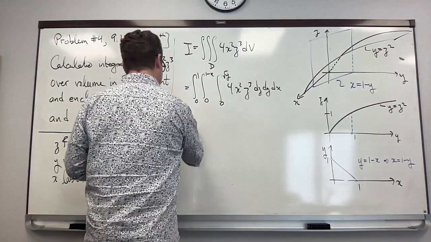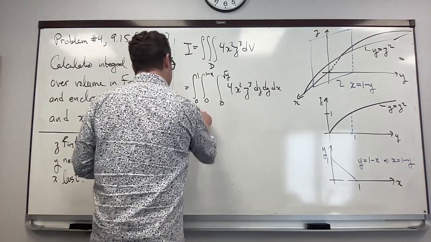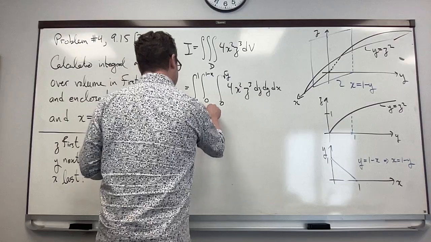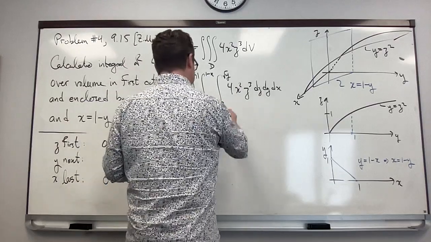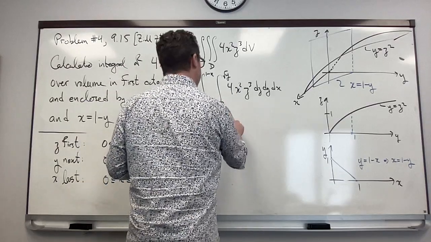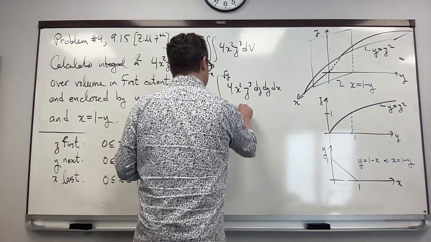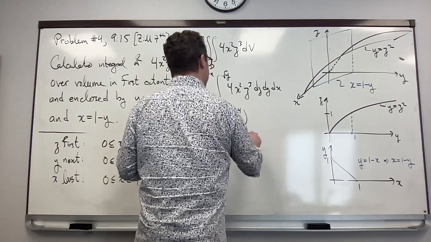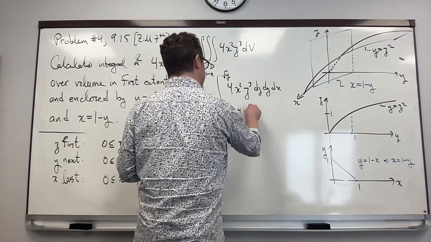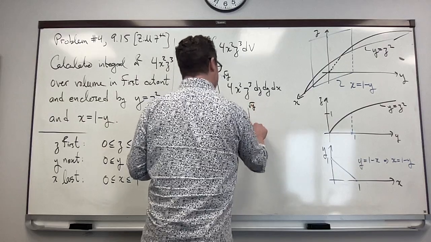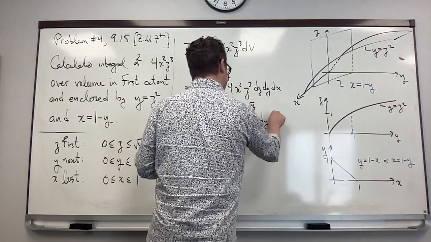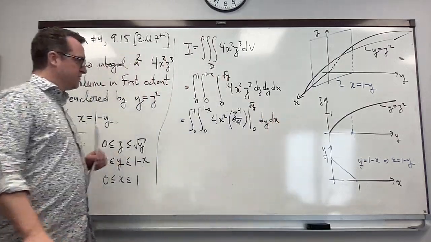So we've got 0 to 1, 0 to 1 minus x, and then 4x squared is the constant. Then we have z to the 4th over 4, evaluated at square root y and 0, and then we have dy and dx left.